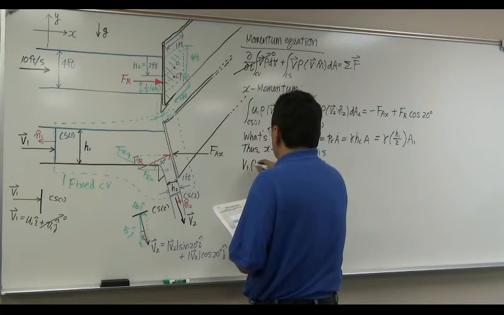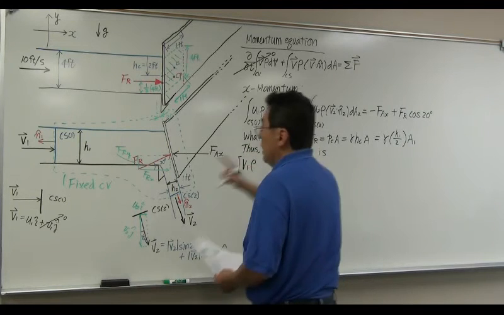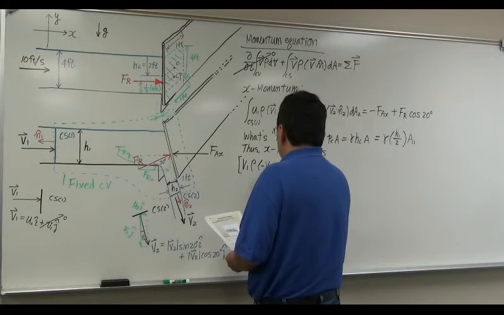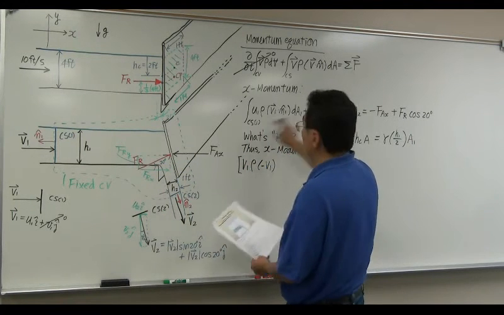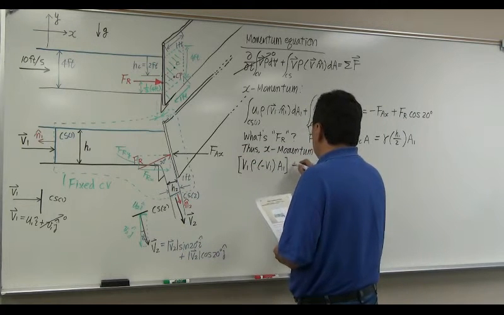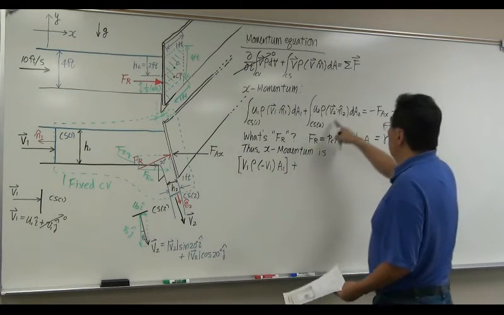Density is rho. v1 dot n1, if you take a dot product, gets you minus v1. Integrated over area A1 gets you A1. Okay? That's this term.